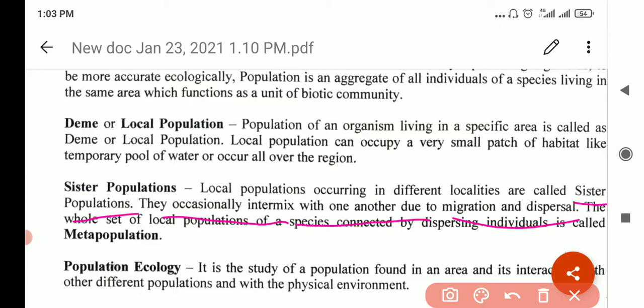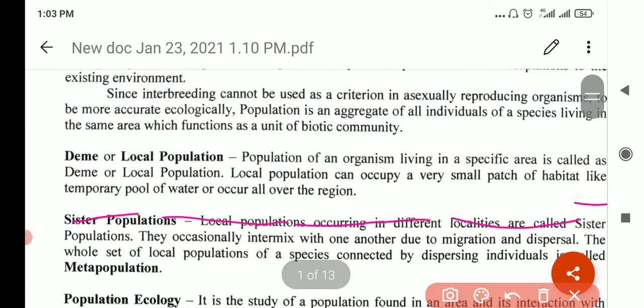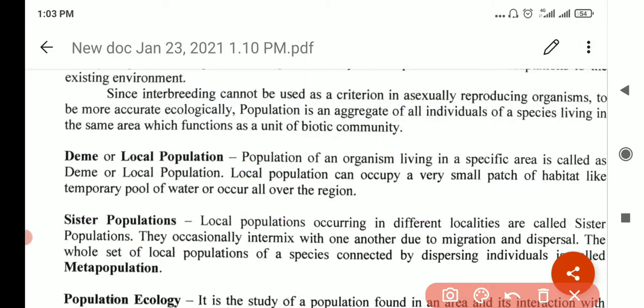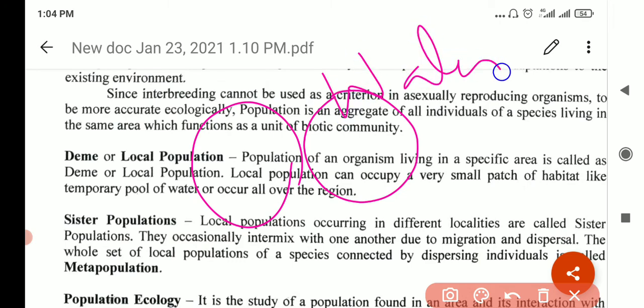Since we are very close to each other, even in clan communities, if this is one community and this is another community, these animals and plants can migrate to and fro from each other, because they are so close to each other. Let's say there's lots of water here and lots of food here.